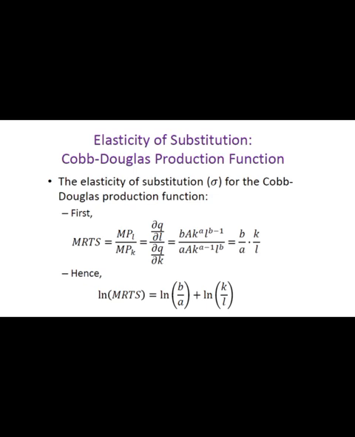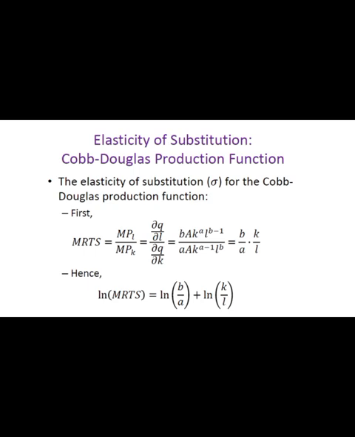Now, the MRTS is MPL divided by the marginal product of capital. Watch as terms cancel beautifully. The a cancels out, the K term simplifies to just K in the numerator.